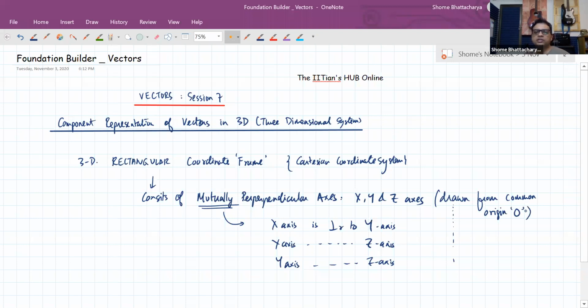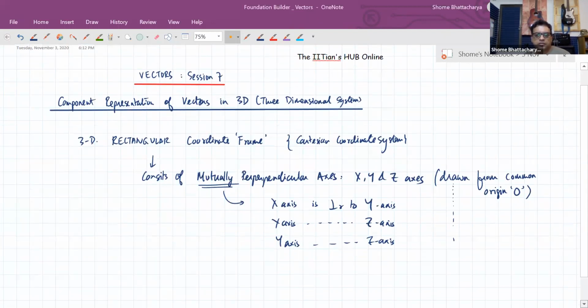So the system is defined by drawing 3 axes which are perpendicular to each other and all of them originating from a common point, which is called O. Okay, so if you finish writing this down, let's understand how to draw these axes.